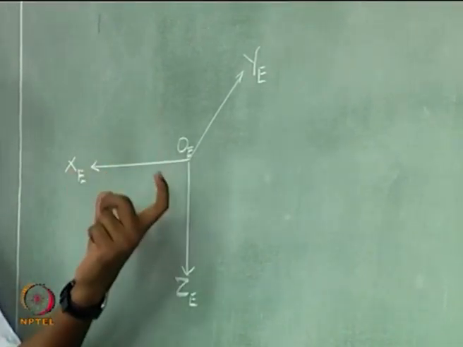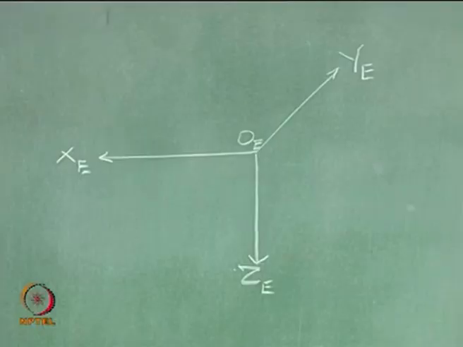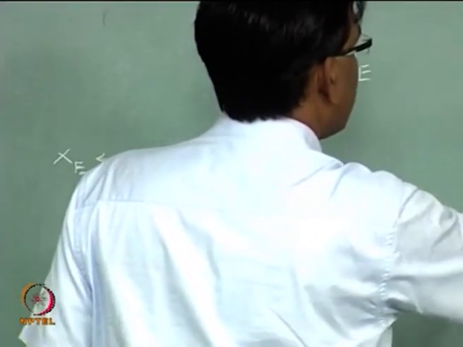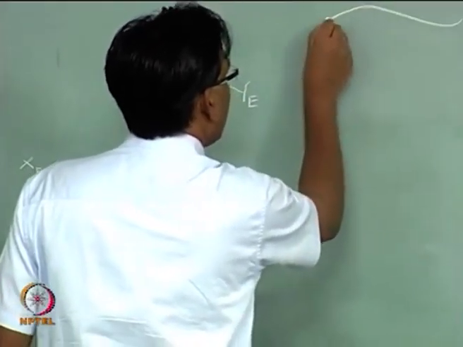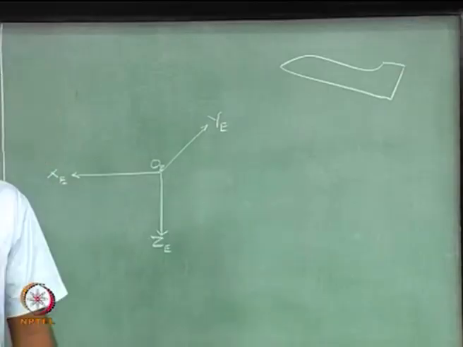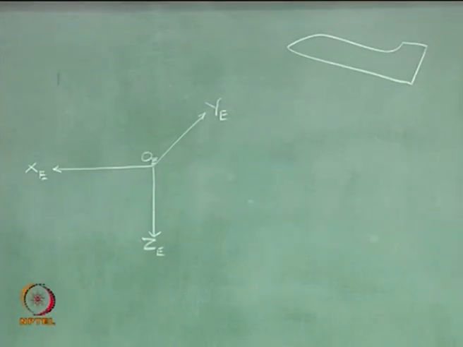Let us say this coordinate system is fixed to a point on earth, right, and this is our aircraft which has mass m.